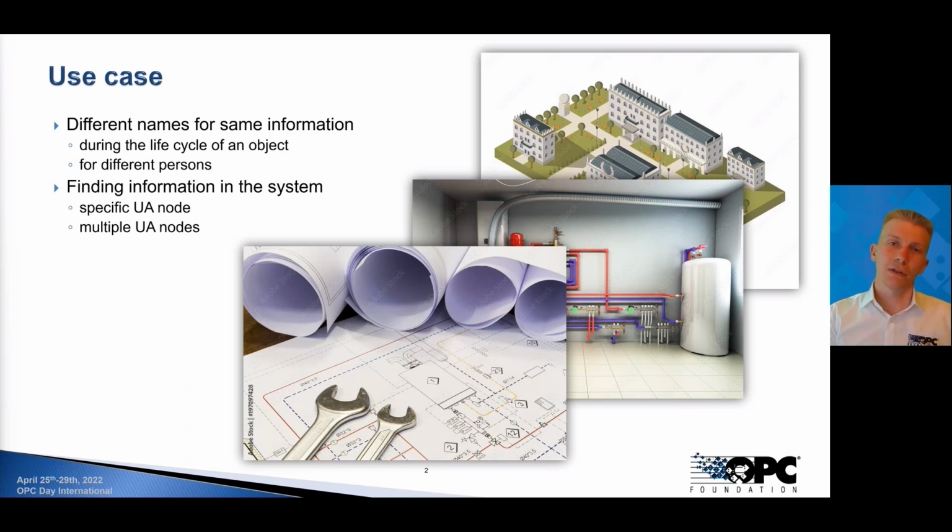And what you have is, during the whole life cycle, you sometimes have different names for the same set of information. So while the boiler in the building plan has a certain name, it has a different name in the OPC UA server that then has the set of information, because the temperature sensor in that boiler is from a certain vendor and you usually cannot modify the address space or information model of those sensors.